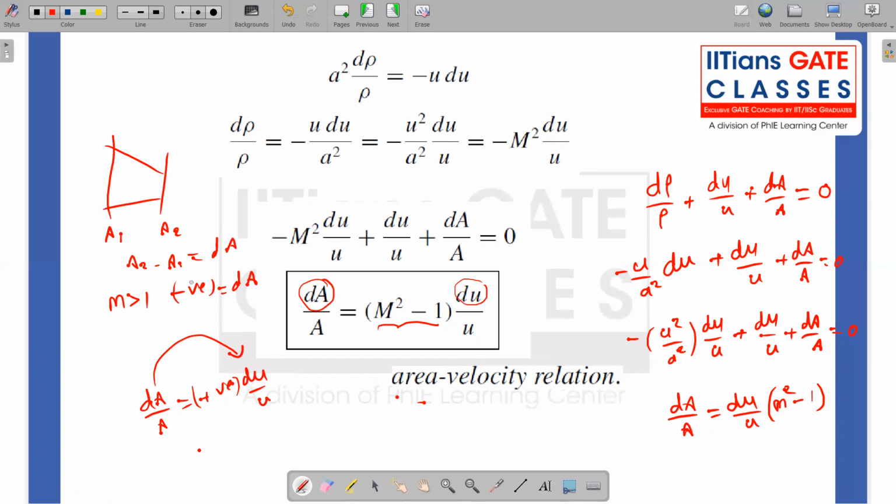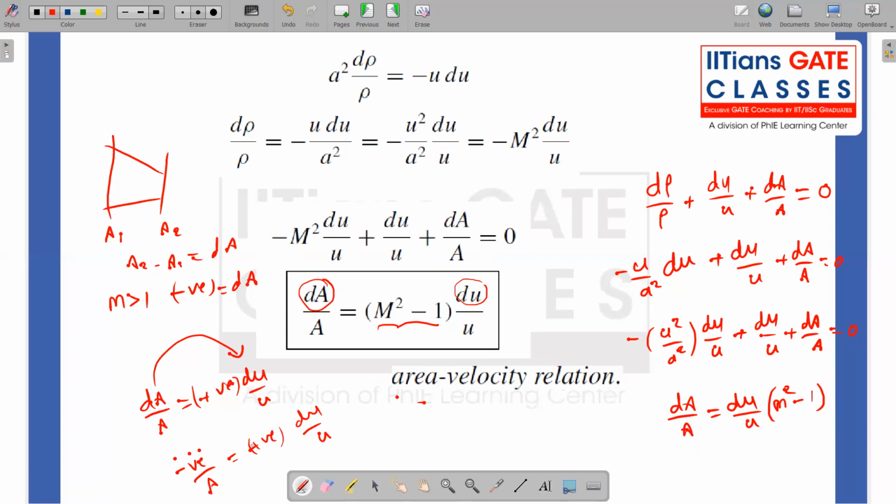So in a converging duct, if M is greater than 1, the area is decreasing, so dA by A is negative, equal to positive times du by u. The entire equation becomes negative because the left-hand side is negative, so du has to be negative.